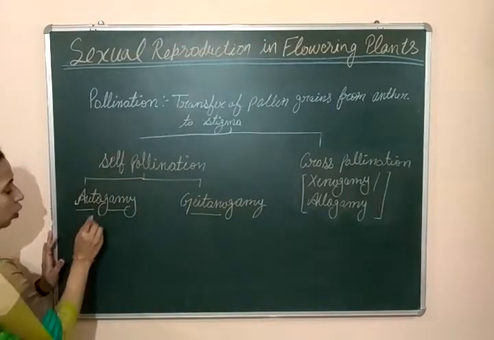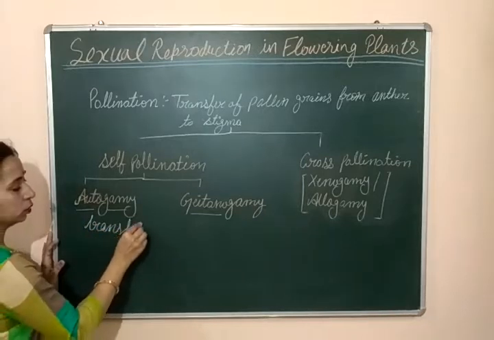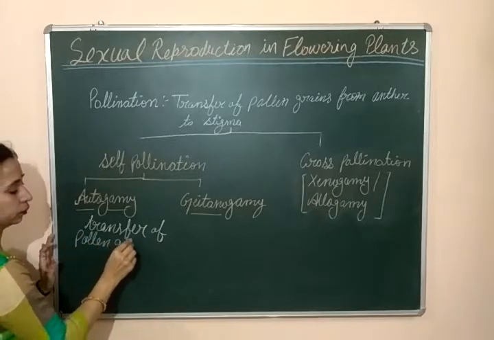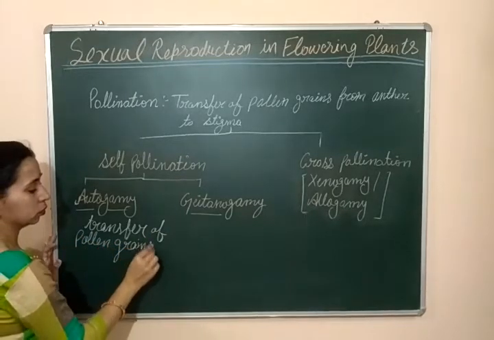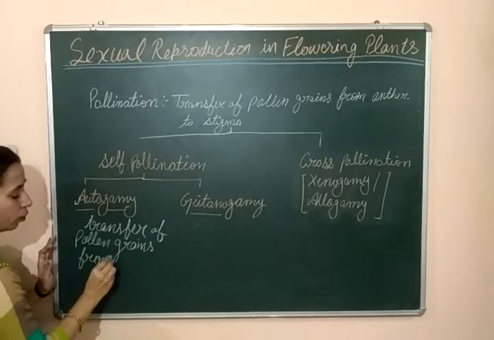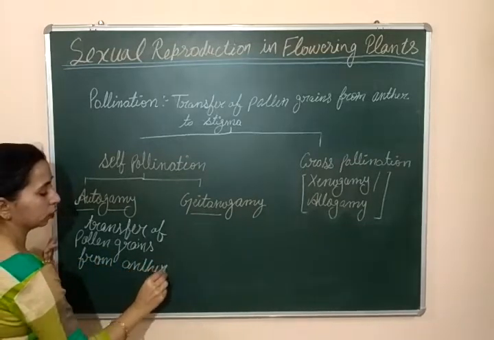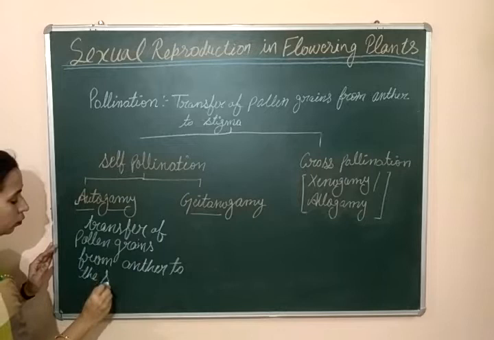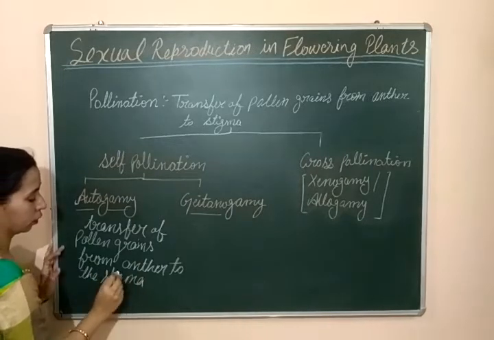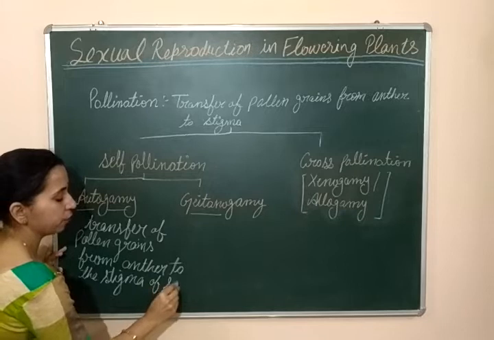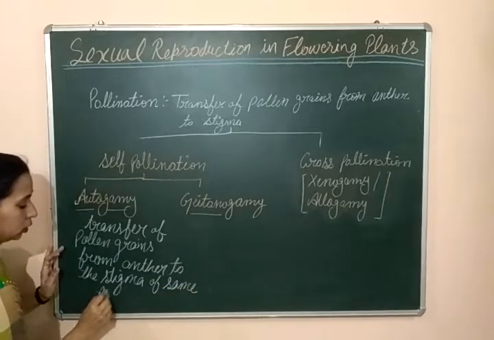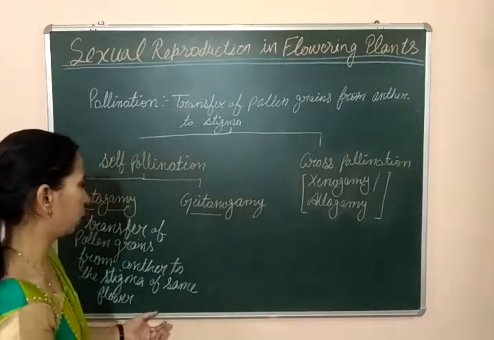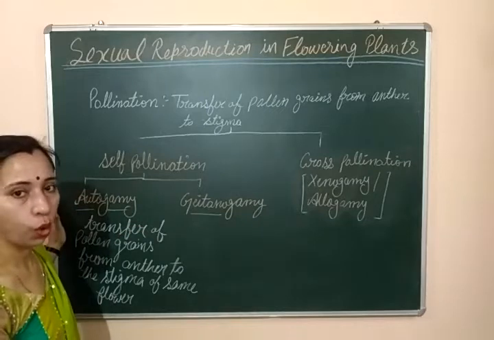Means transfer of pollen grains from anther to the stigma of same flower. Here the anther is of the same flower and the stigma as well is of the same flower. Such type of pollination is known as autogamy.